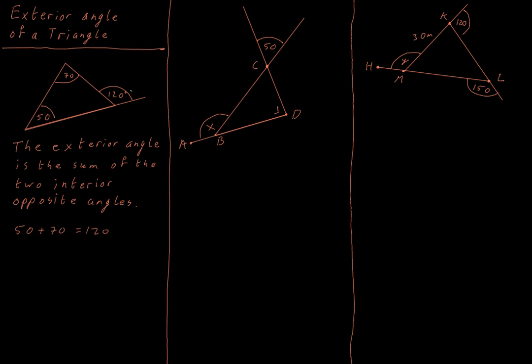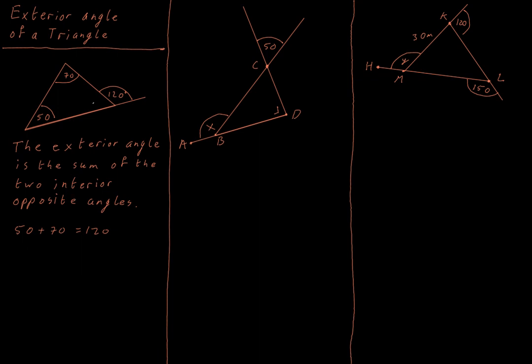And we can derive why that is. So the rule we're going to use is that our two interior opposite angles, opposite meaning the other side, added together must give us our exterior angle.